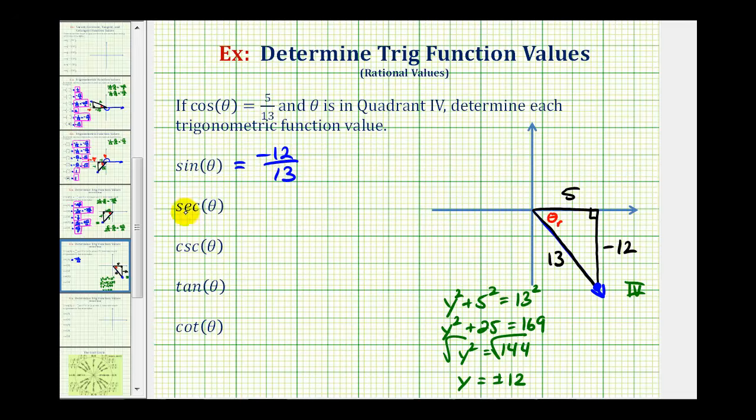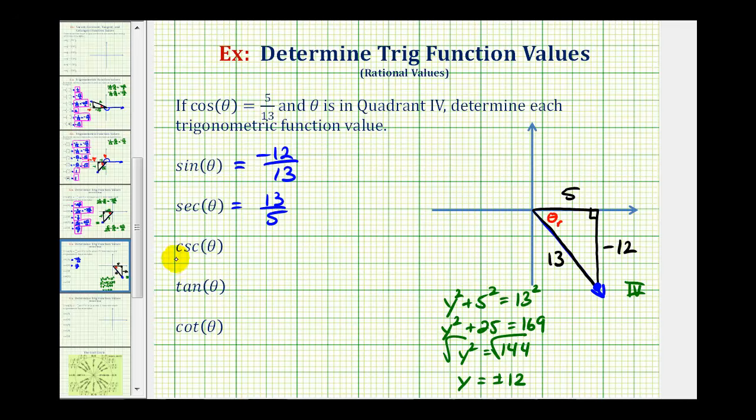There's two ways to find secant theta. Since secant is equal to the reciprocal of cosine, and we're told cosine theta equals 5/13, then secant theta is equal to the reciprocal, or 13/5. Using the reference triangle, we would use the ratio of the hypotenuse to the adjacent side, or 13/5, which we already have.